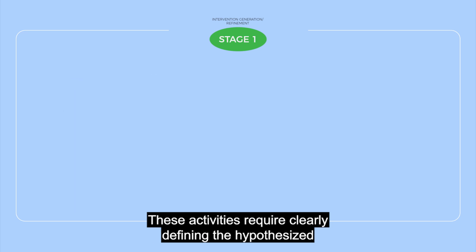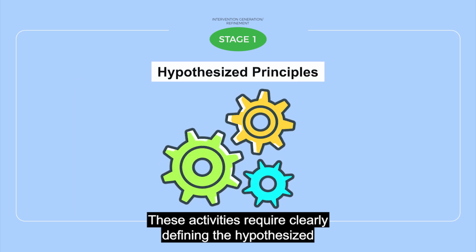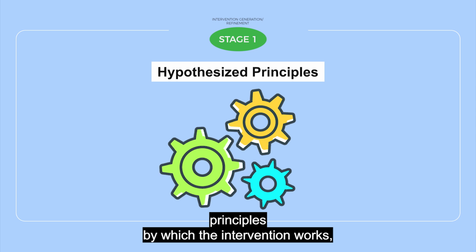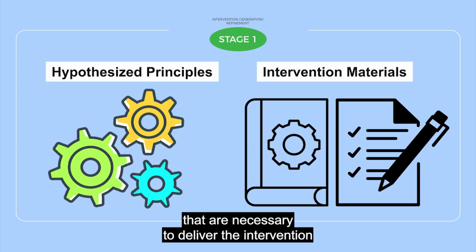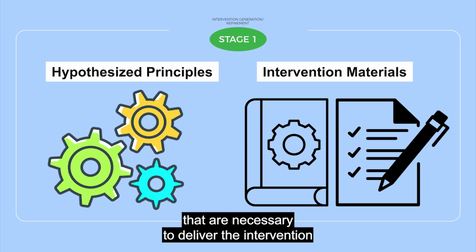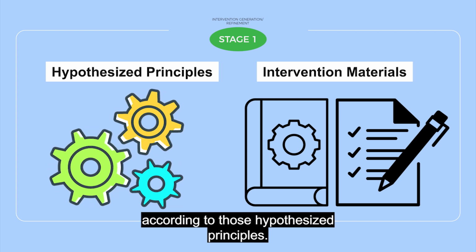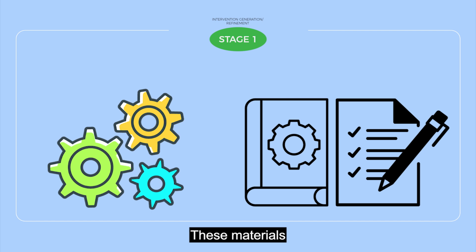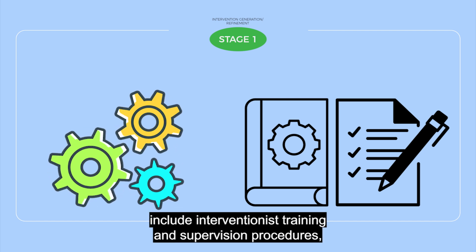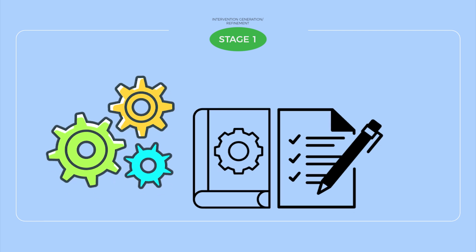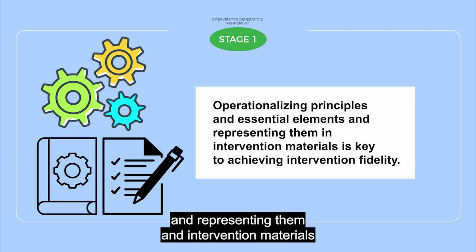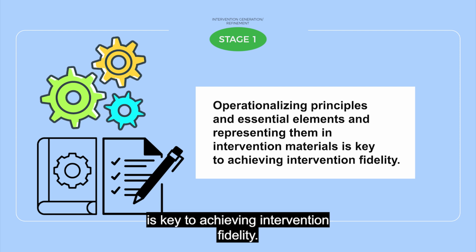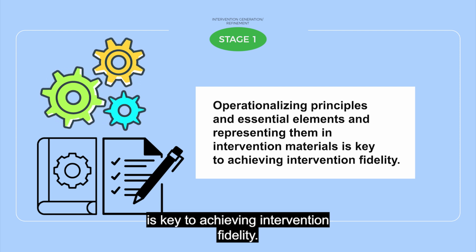These activities require clearly defining the hypothesized principles by which the intervention works, as well as developing intervention materials that are necessary to deliver the intervention according to those hypothesized principles. These materials include interventionist training and supervision procedures. Operationalizing principles and essential elements, and representing them in intervention materials is key to achieving intervention fidelity.